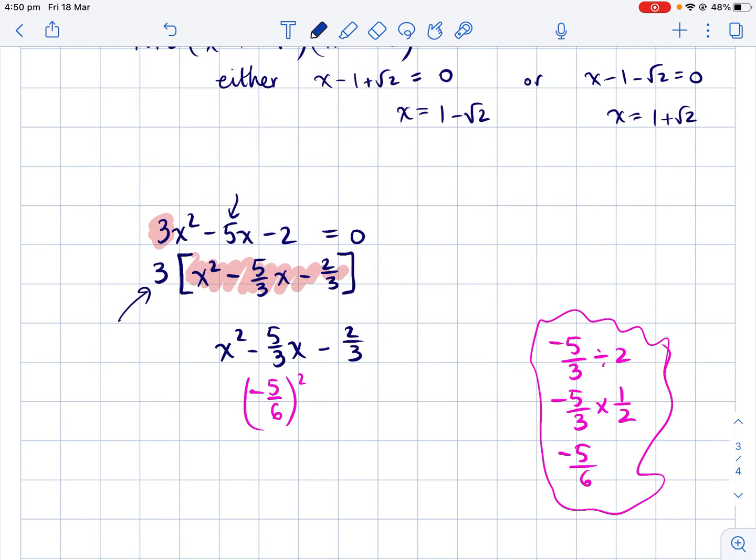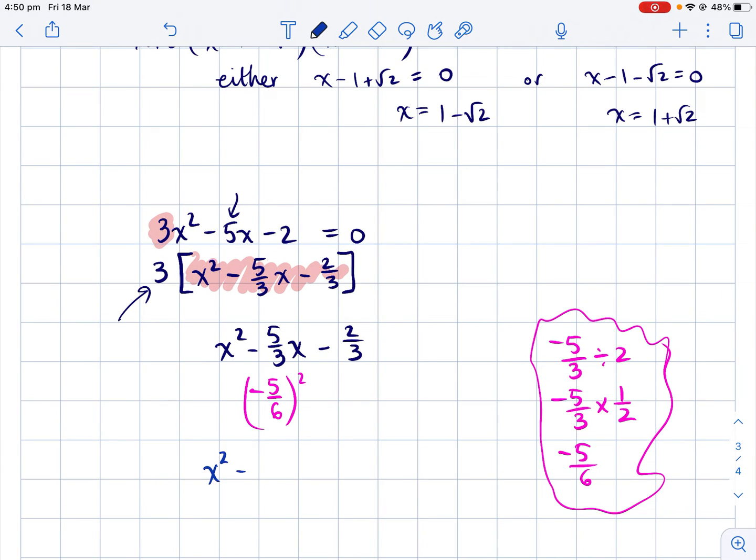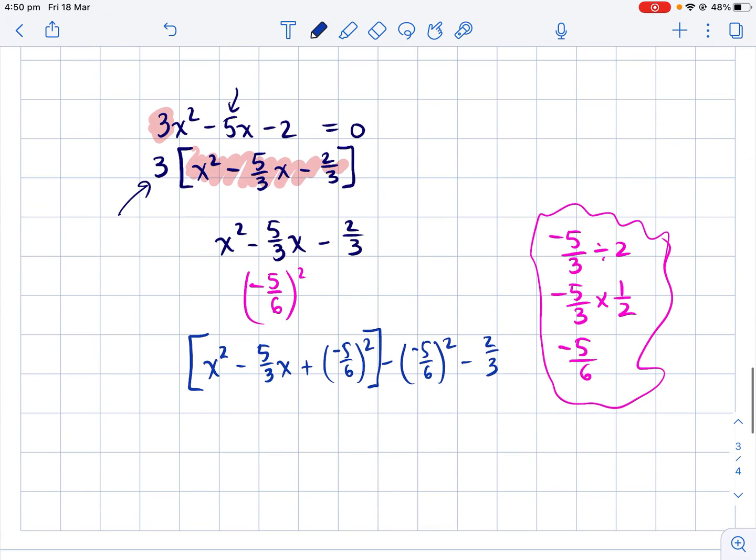Now remember, our next step of completing the square, we take that negative 5 over 6 all squared and we add it to the equation, and then we subtract it from the equation. My first 3 parts will always form a perfect square trinomial, and so I start with the x, and then the second value in that bracket will be whatever I had inside the brackets there.